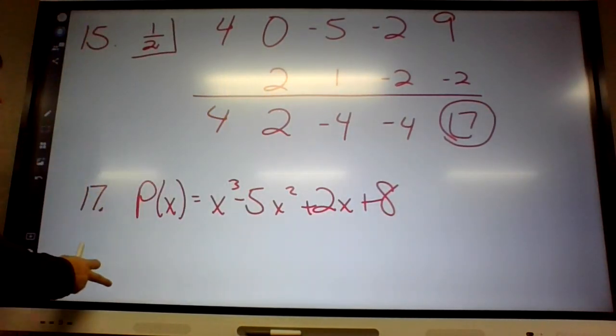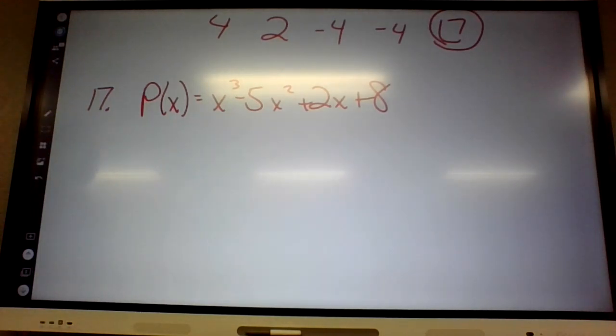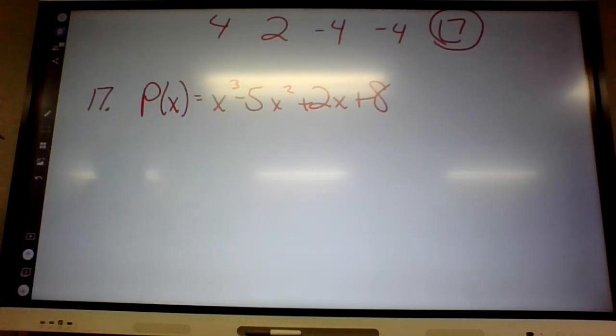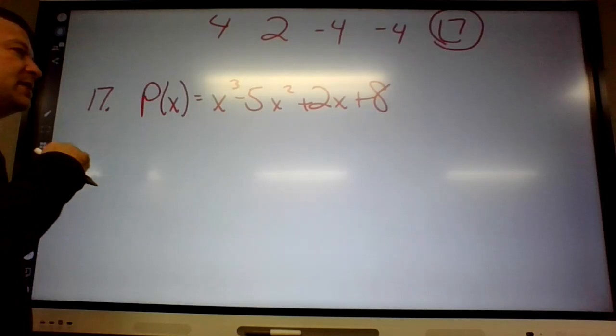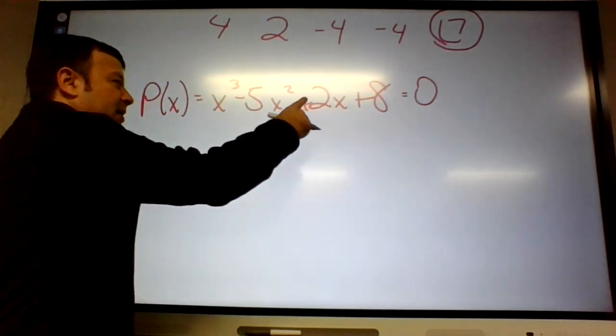Okay. We are supposed to find the zeros. The directions are we're supposed to factor it, but basically we need to find the zeros of the function. So we need to figure out what would make this equal to 0.